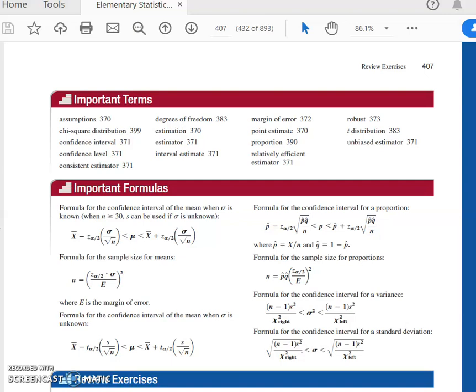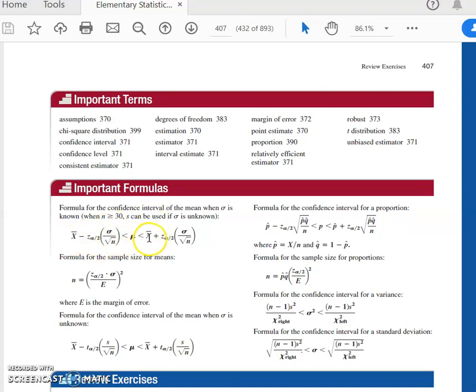Okay, back in chapter 7, these are the important formulas at the end of the chapter. This was the formula for the confidence interval of the mean if you know what sigma is. So mu is between x bar plus the margin of error and x bar subtract the margin of error. So that's what we had before for mu.